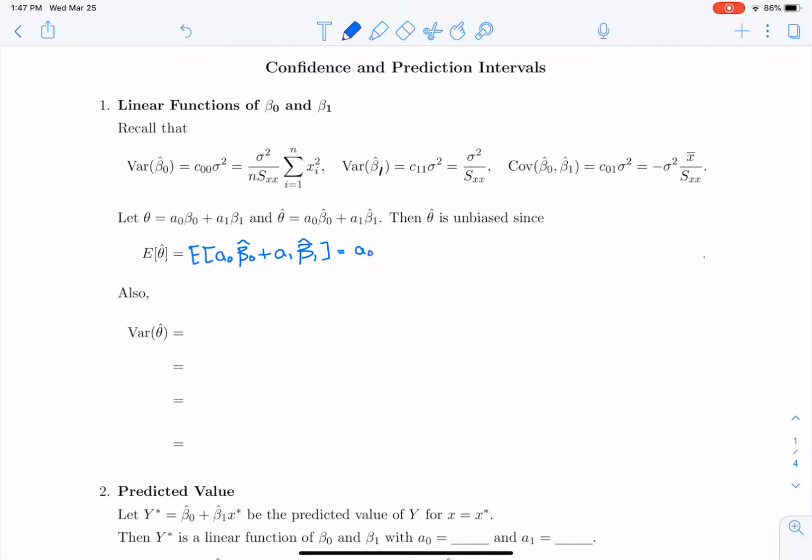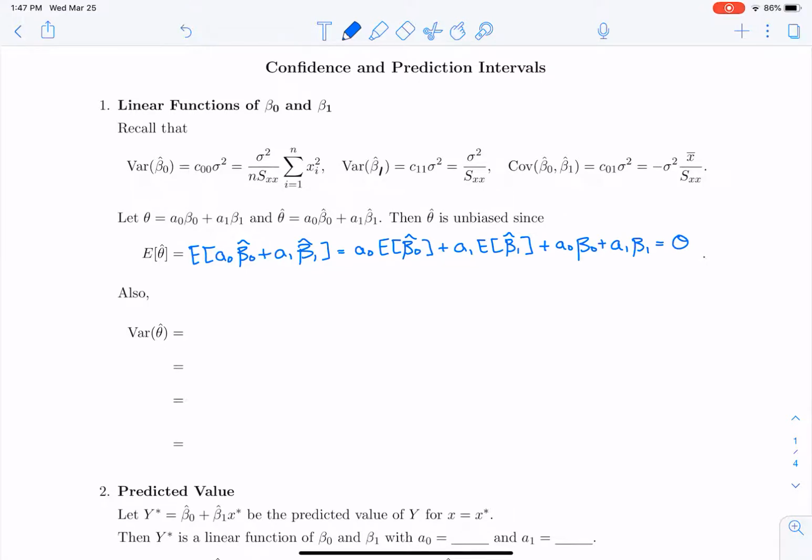The linearity of expectation makes that a0 times the expectation of β0 hat plus a1 times the expectation of β1 hat. And then β0 hat and β1 hat are unbiased, so that just becomes a0 β0 plus a1 β1, which is of course θ. So θ hat is unbiased.